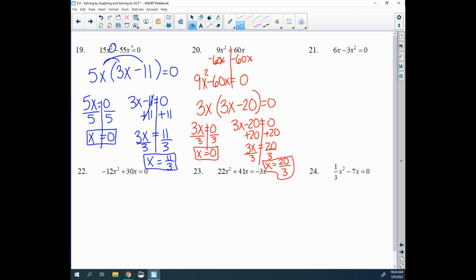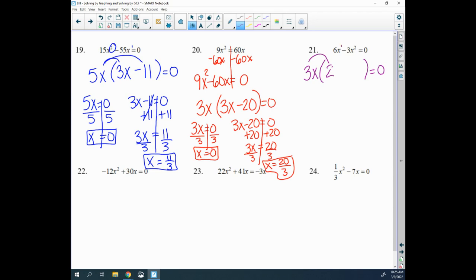21, you can leave as is, or you can rewrite it so the negative 3x squared comes first, but you don't have to. So for instance, if I look at 21, the biggest number that divides evenly into 3 and 6 is 3. My lowest exponent for x is 1, so we're going to pull that out. So 3 times what would give you 6? 2.